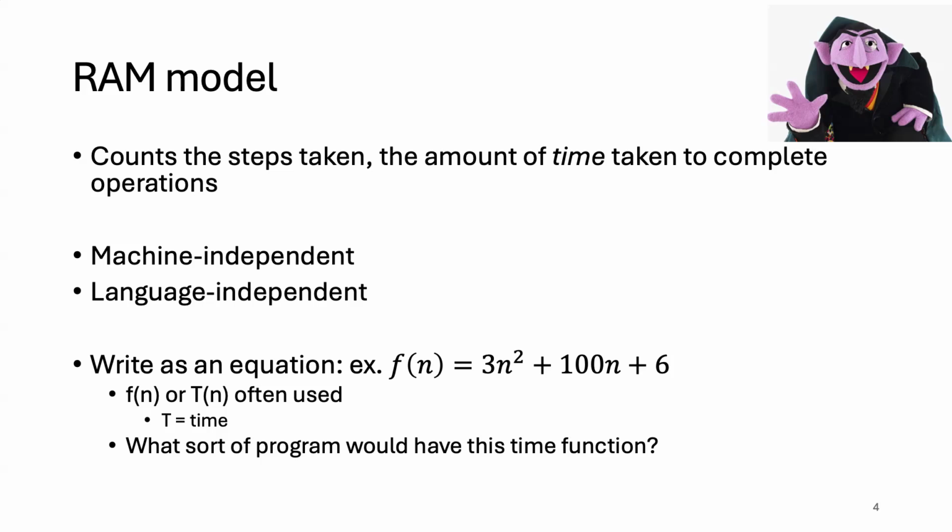Yeah, yeah. So quadratic algorithms. Yeah, so that's the 3n squared bit. Any other ideas? We've also got a 100n in there. So what is that, just 100 loops? One after the other?